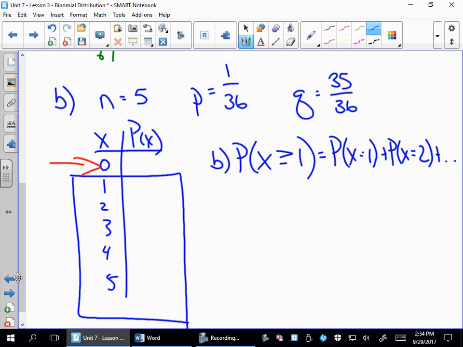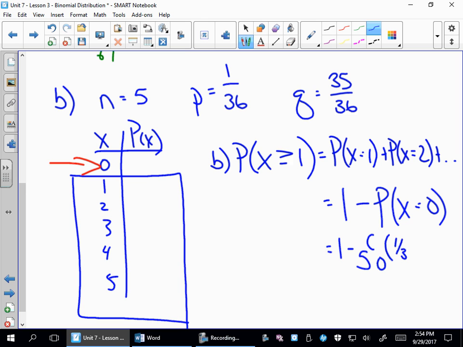We can get rid of what we don't want by taking the idea that I know what a distribution adds up to. The whole table has to add up to 1. So if I take 1 and I subtract the case that I don't want, which is 0, I can figure out the probability of at least once getting a sum of 12. So ready for our formula. There are 5 trials. I want to have no successes. Likelihood of success is 1 out of 36.